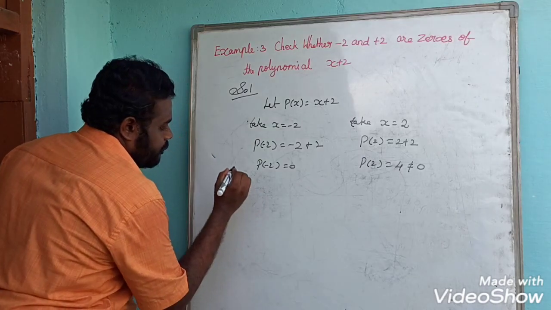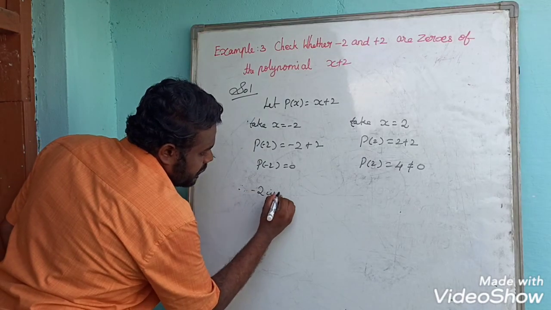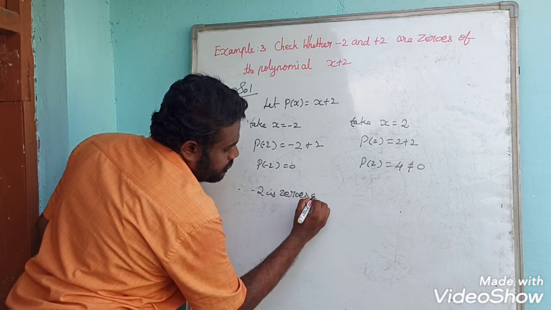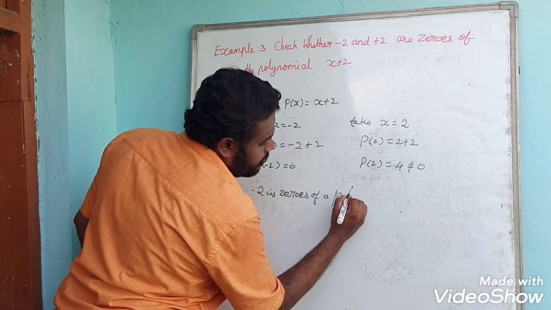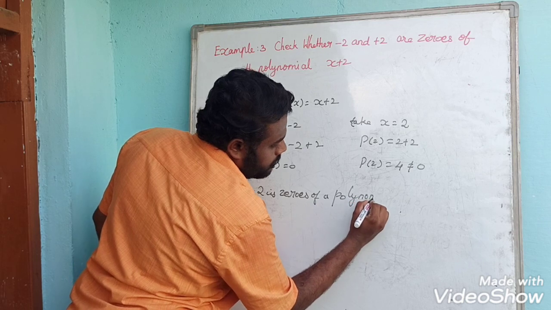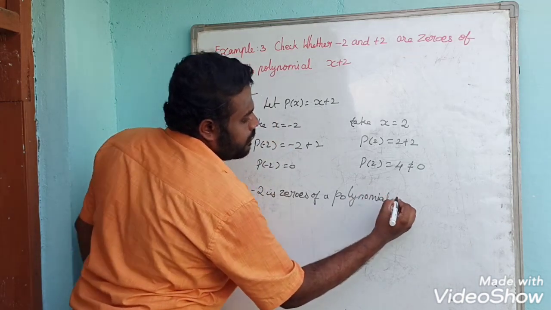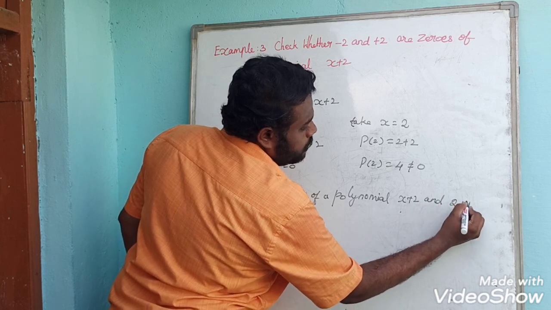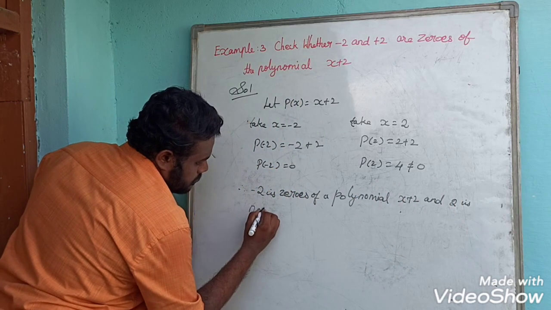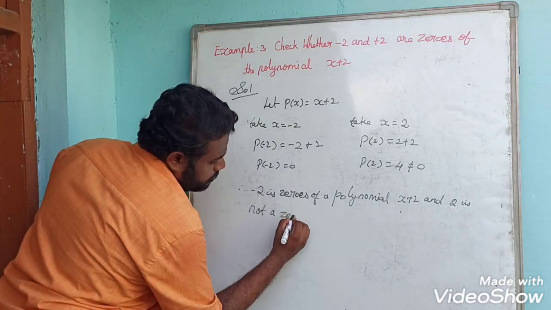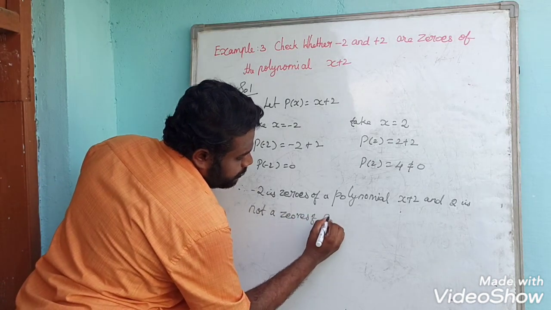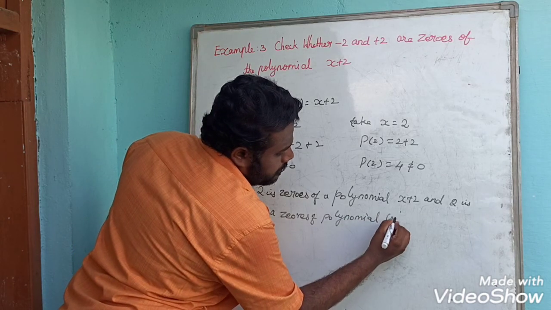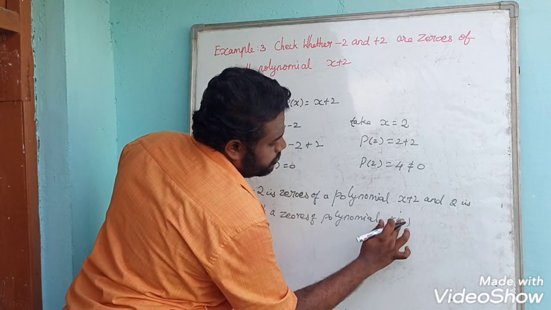So we conclude, therefore, minus 2 is a zero of the polynomial x plus 2 and 2 is not a zero of the polynomial x plus 2.